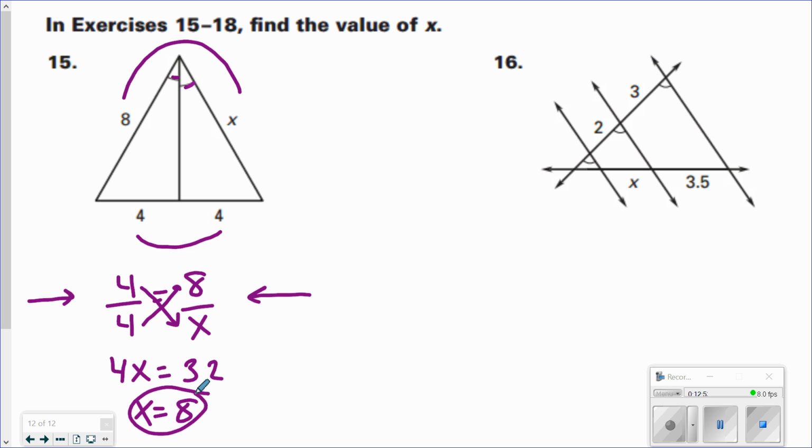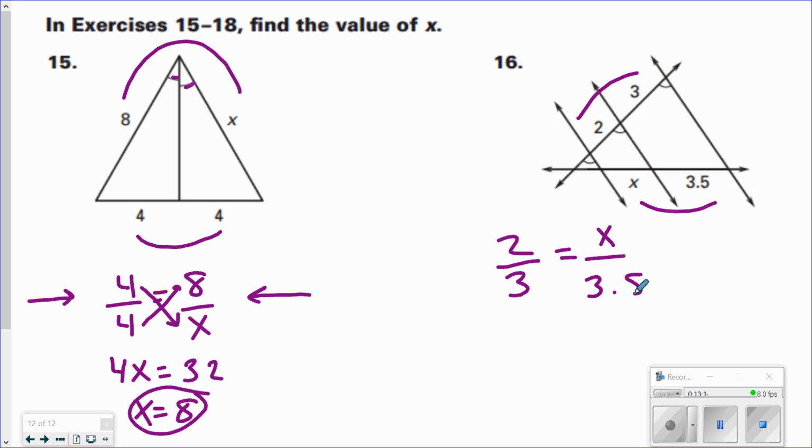And we are done. Now looking at this last example here, I want to do the same thing, so I'm going to look at this triangle here. So 2 over 3 is equal to x over 3.5.